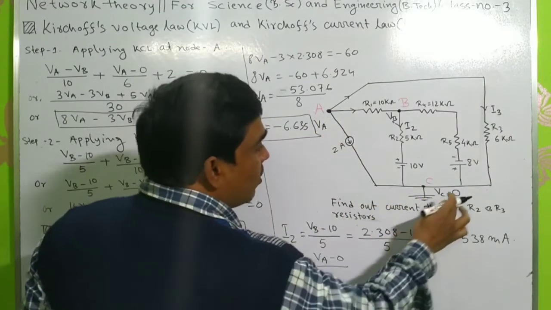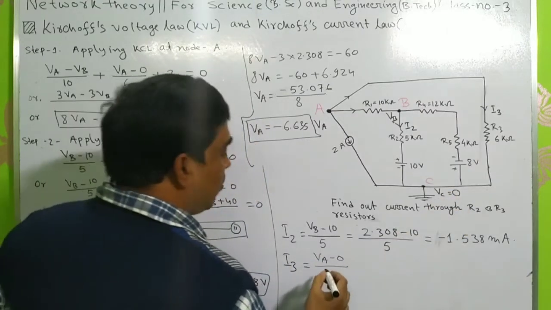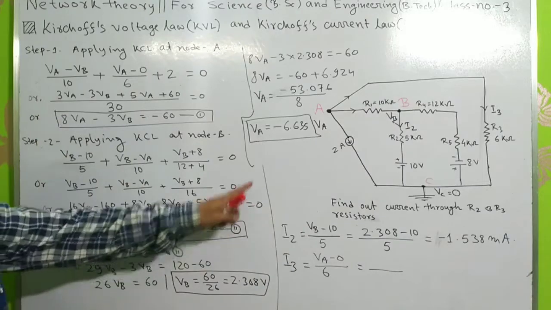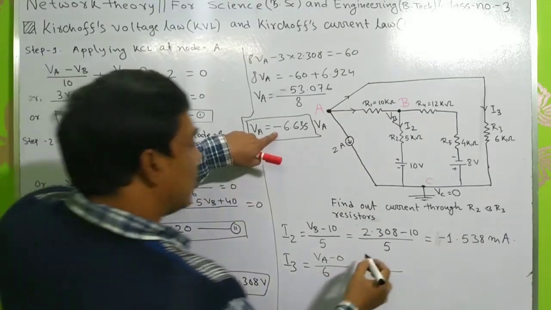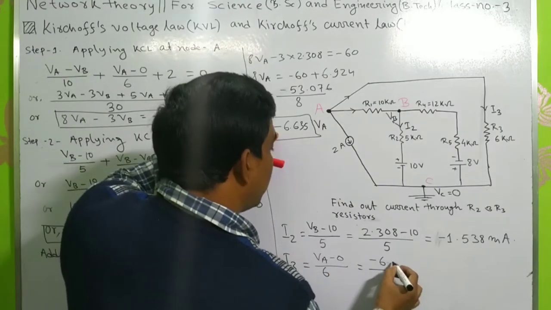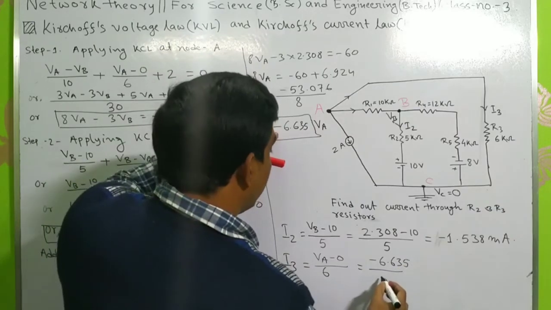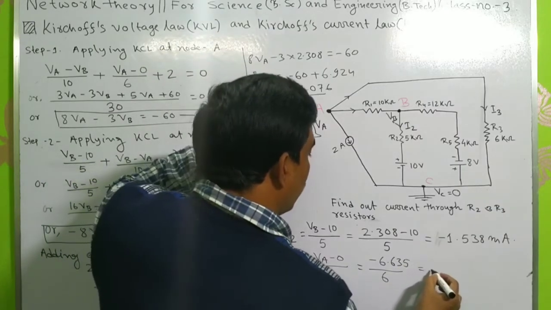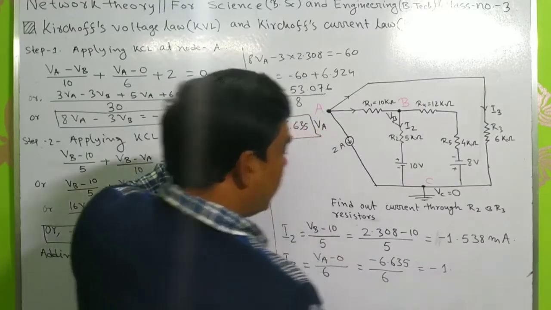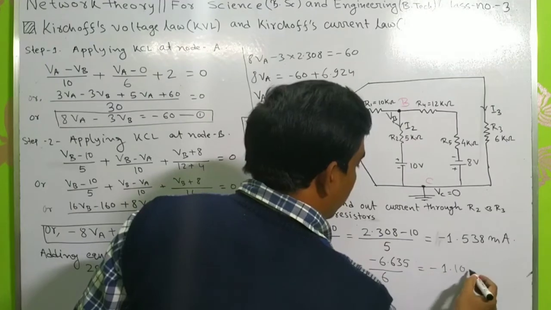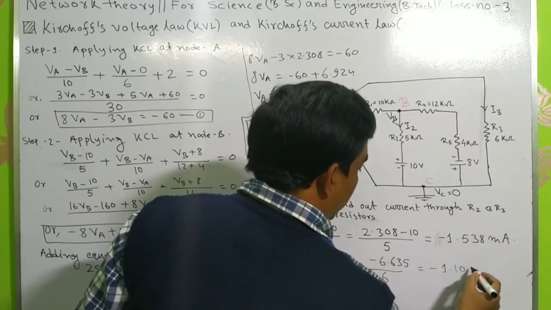Now if you want to calculate I3, so I3 is node voltage VA minus 0, this is node voltage 0, divided by 6. So the node voltage of VA is minus 6.635 divided by 6, so it will be minus 1.10, approximately.